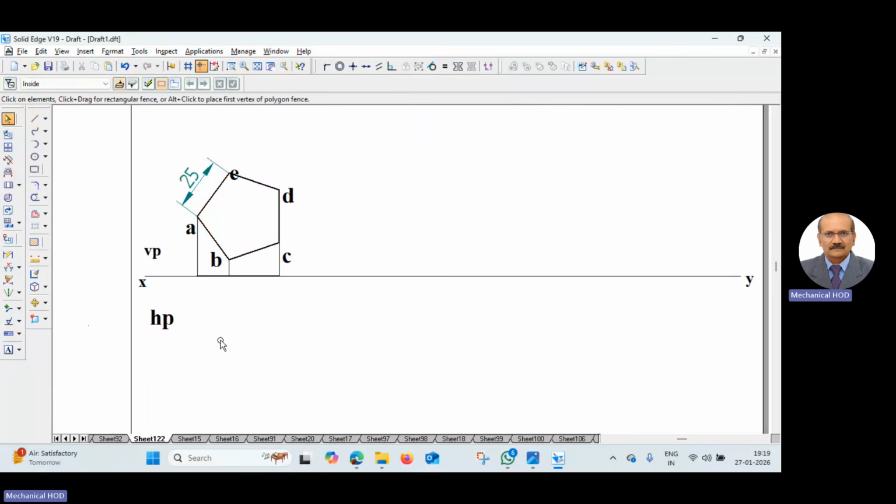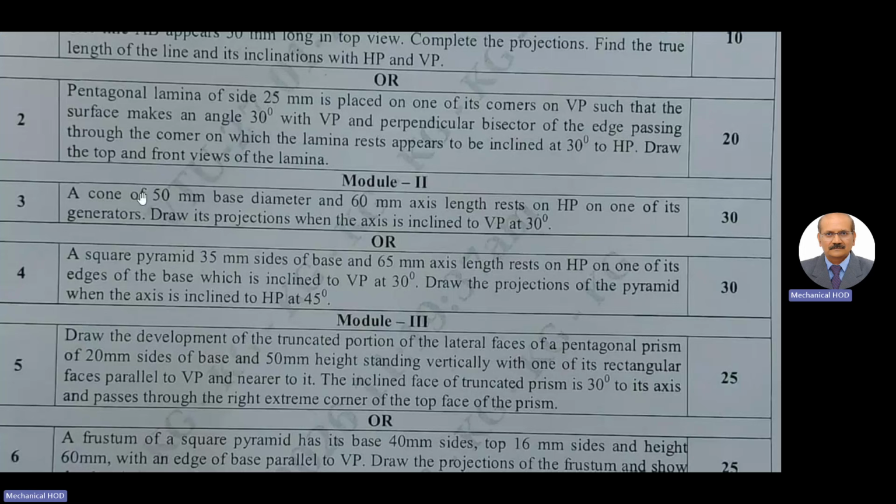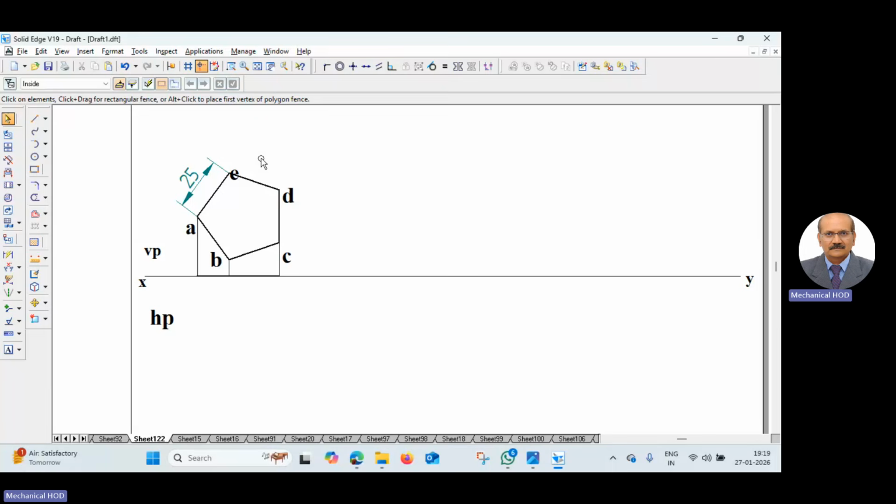Now, what is the question? The question is, a pentagonal lamina of side 25 mm is placed on one of its corners on VP, such that the surface makes an angle of 30 degrees with VP. Surface makes an angle of 30 degrees with VP means we have to, first let me name this. A will come here. B will come here. C will come here.